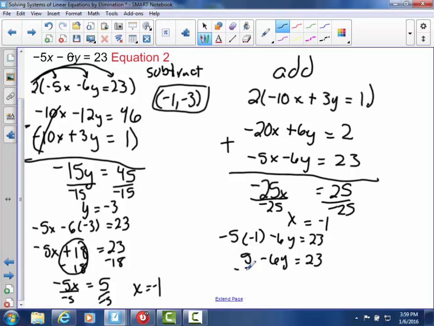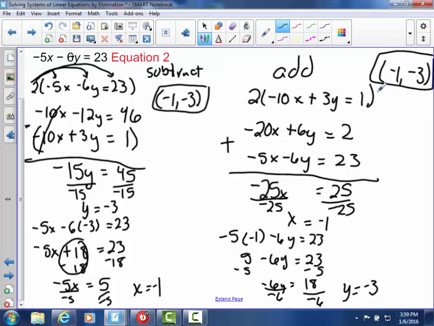We subtract 5 from both sides, and we get that negative 6y equals 18. Divide by negative 6, and we get that y equals negative 3, which is what we got when we subtracted. So either way, adding or subtracting, we get the same answer. I'm going to draw a little line down here so you can keep them apart.